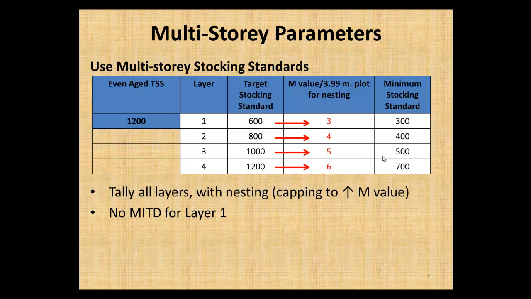Okay, so no minimum intertree for layer 1. So all layer 1s that are within your plot count, regardless of what the tally is. If they're all grouped in one little corner, or if there's one over one side and there's 2 together, then you count 3. So there's no minimum intertree for that, because these are basically layer 1s, and they're a multi-story. They're going to contribute to the next cutting cycle, 10, 15, 20 years.